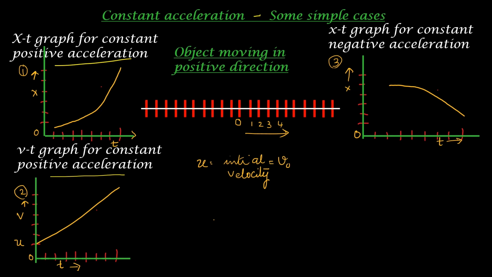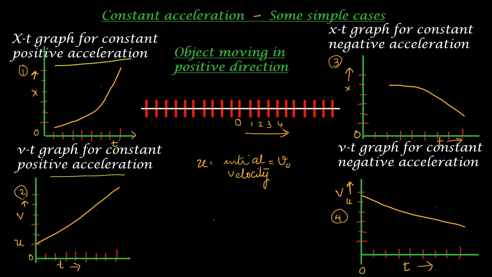What will be the nature of the velocity time graph? Velocity goes on decreasing. So initial velocity u is marked on the top of the y-axis, and as time proceeds, velocity goes on decreasing. You can compare this shape with the shape of velocity time graph for positive acceleration.